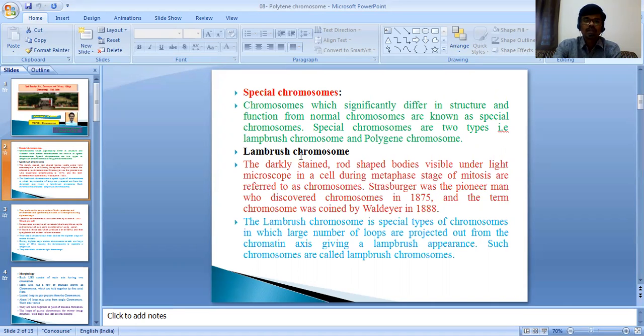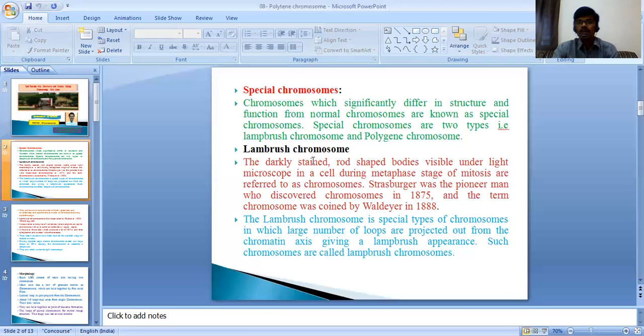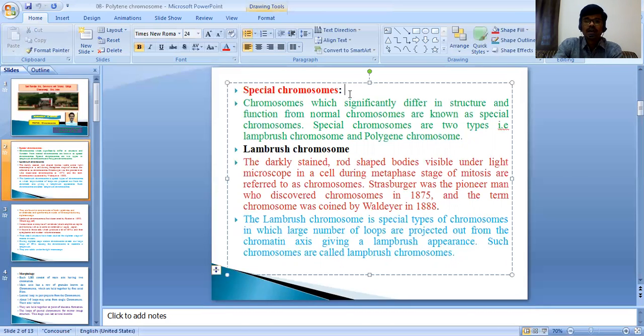First one, lampbrush chromosomes. Chromosomes are darkly stained, rod-shaped bodies visible under light microscopes in a cell during the metaphase stage of mitosis.